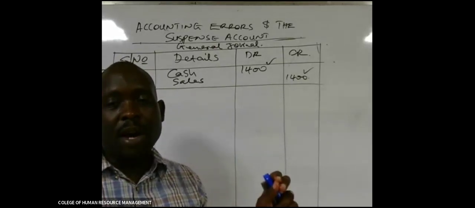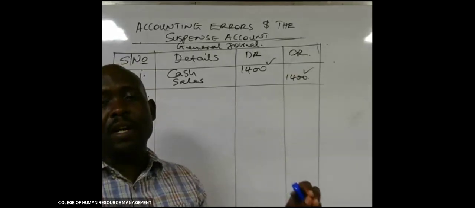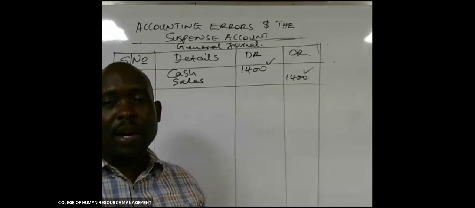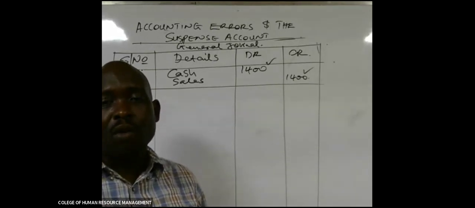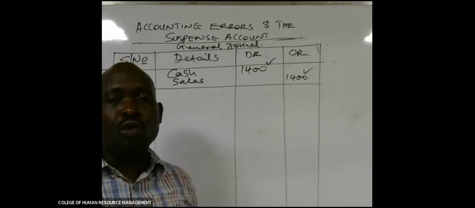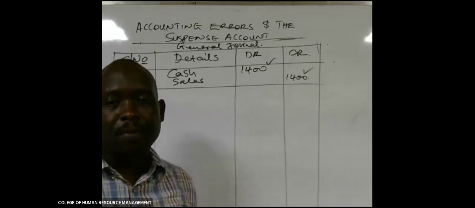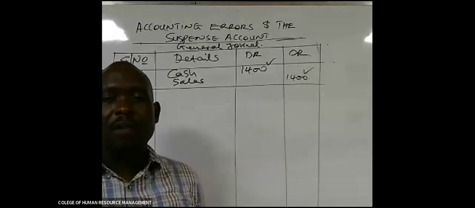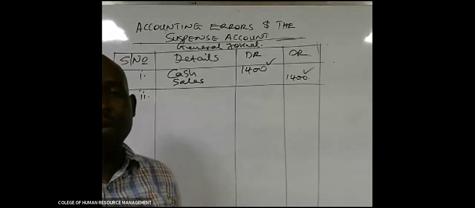In that case, you'll find that an account is only affected on one side. The error only affected the debit of an account or the credit of an account. So as we correct that error in that account, we now bring in a suspense account to complete the debit and credit. So errors which do not affect the totals of the trial balance don't require suspense.